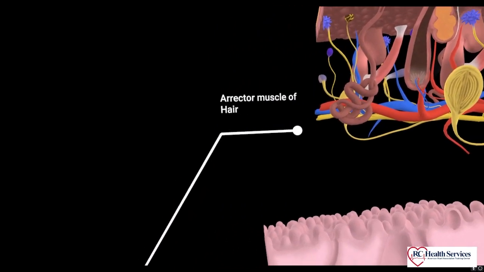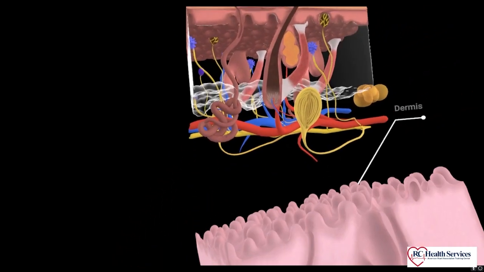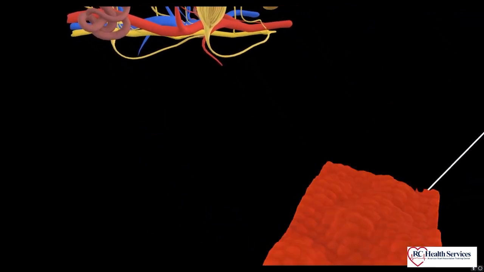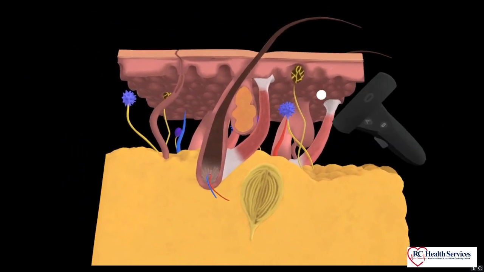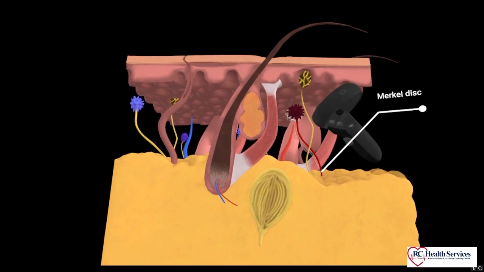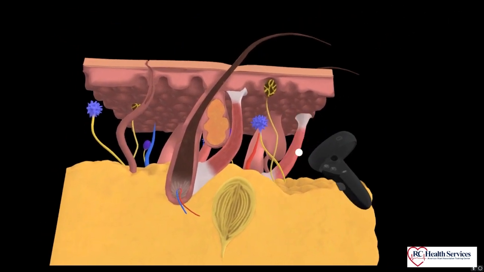These erector pili muscles, again, help with temperature regulation. That's what causes the goosebumps whenever you get a chill or anything like that. Those erector pili muscles, that's what it's causing.